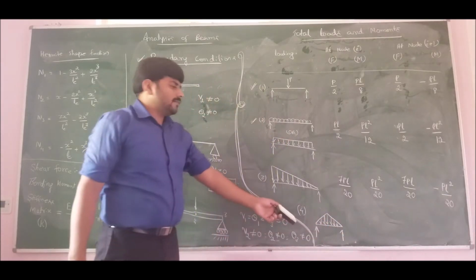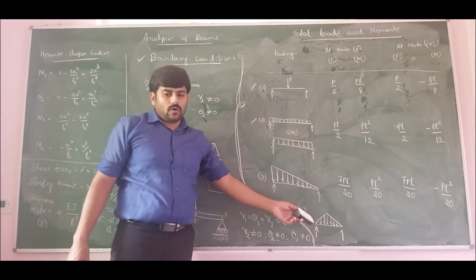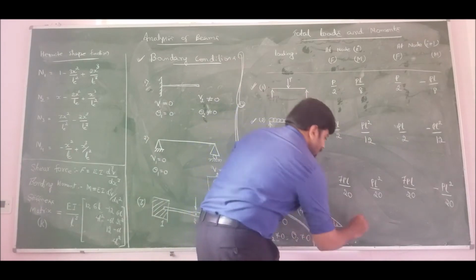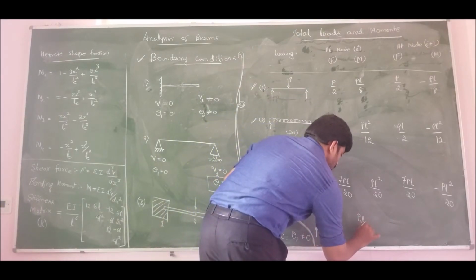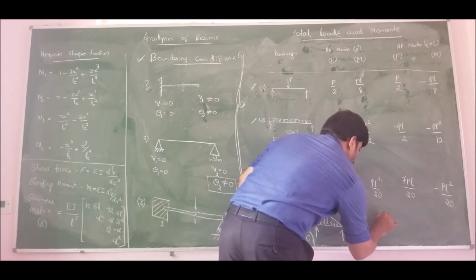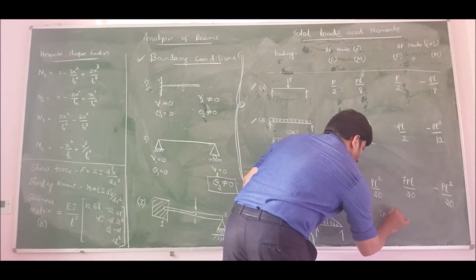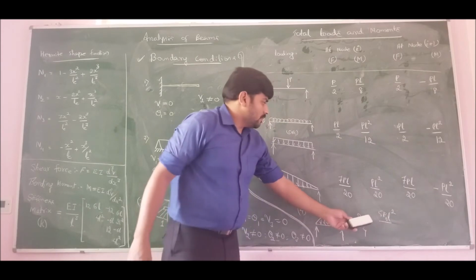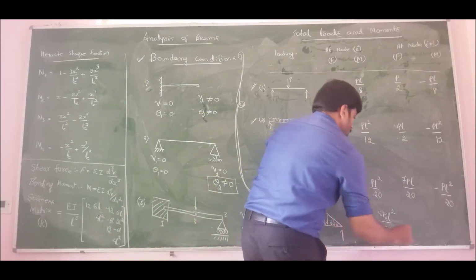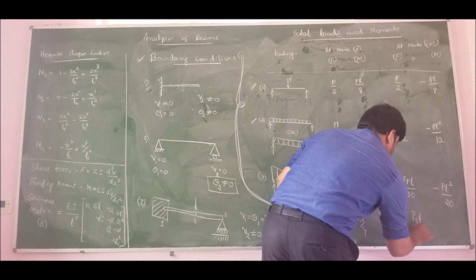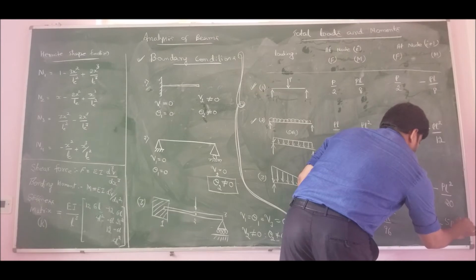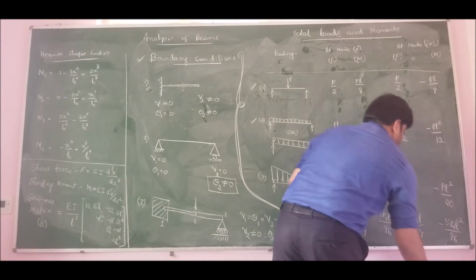If the beam has a WDL as shown in figure 4, then the total load at node 1 is given by P naught L by 4, and the total moment is given by the formula 5 P naught L square by 96. Whereas at node 2 the load is P naught L by 4, and the moment is minus 5 P naught L square by 96.